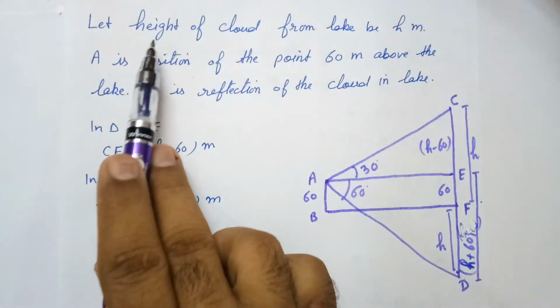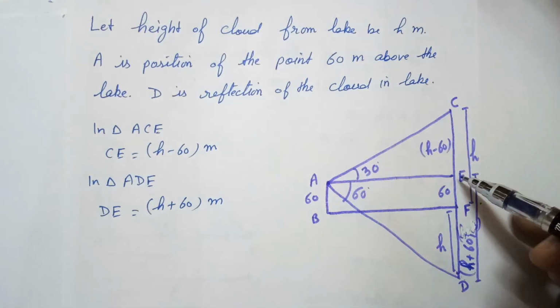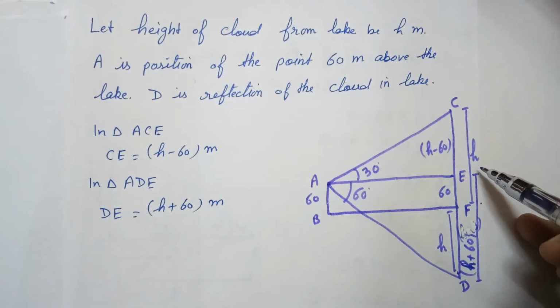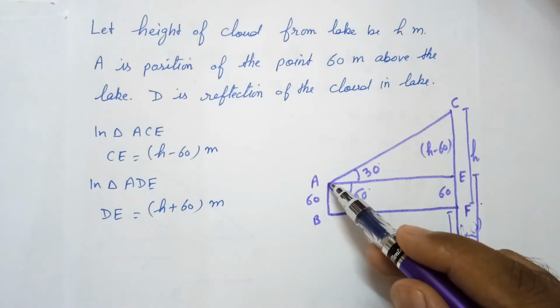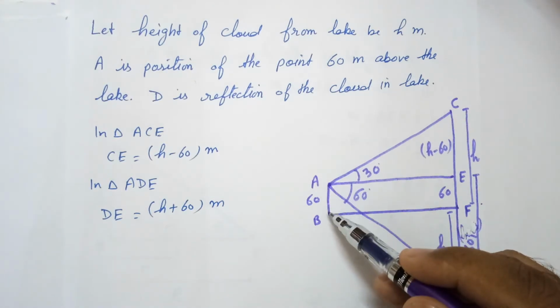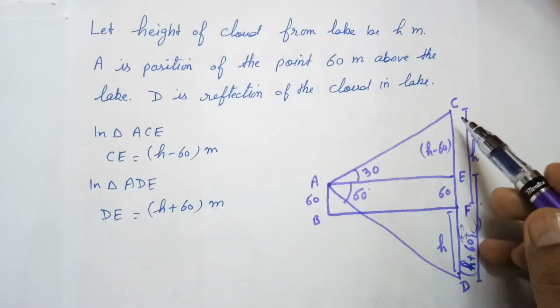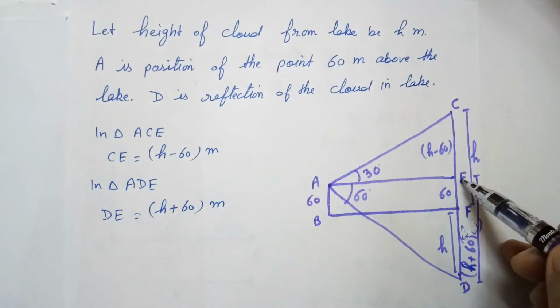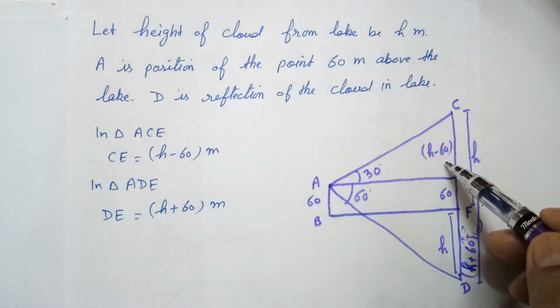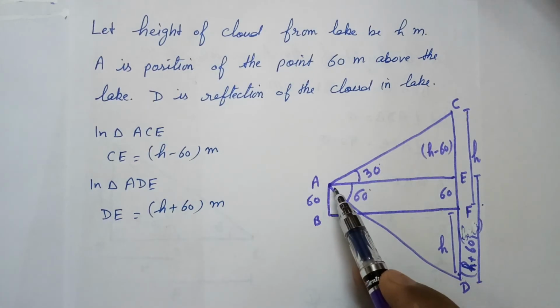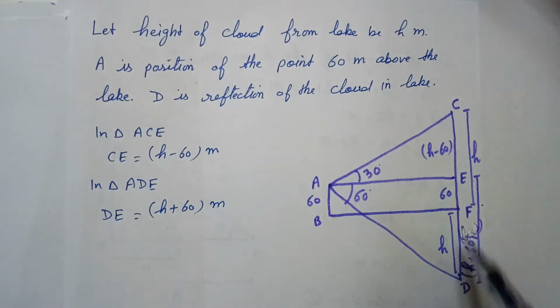So now the height of the cloud from the lake is h meter. A is the position of the point 60 meter above the lake. D is the reflection of the cloud. So in triangle ACE, CE will be equal to h minus 60, and in triangle ADE, DE will be equal to h plus 60.